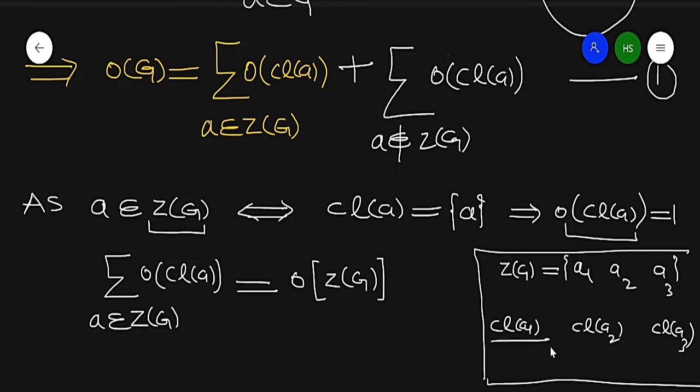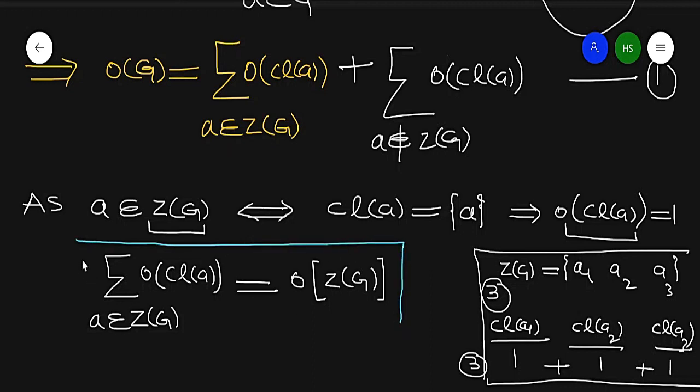Each has one element, so total elements are 3. Similarly, in this case, the total elements are those of the center of G. So this summation becomes the order of center of G when A belongs to center of G. So we get the value of this equation.